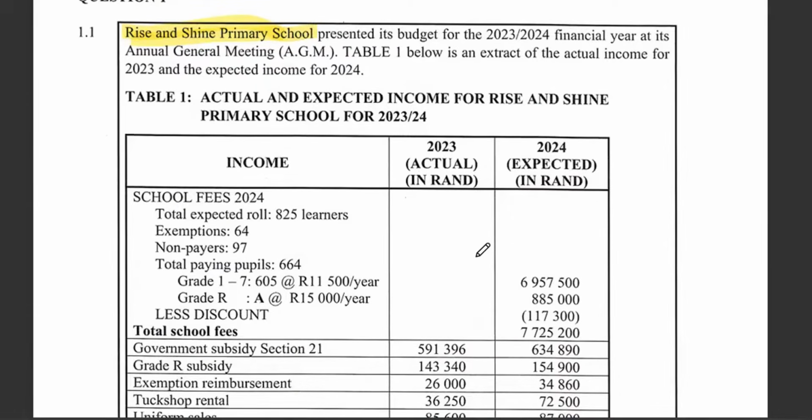Rise and Shine Primary School presented its budget for the 2023-2024 financial year at its annual general meeting, AGM. Table 1 below shows an extract of the actual income for 2023 and expected income for 2024.